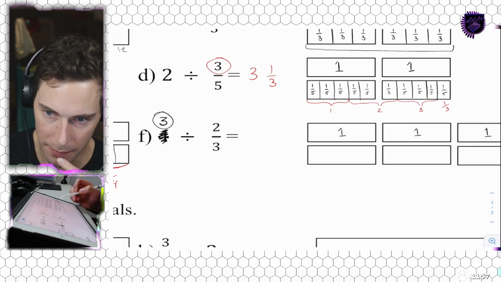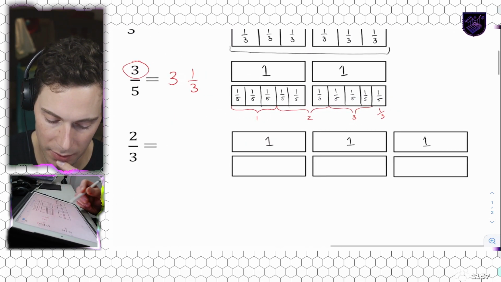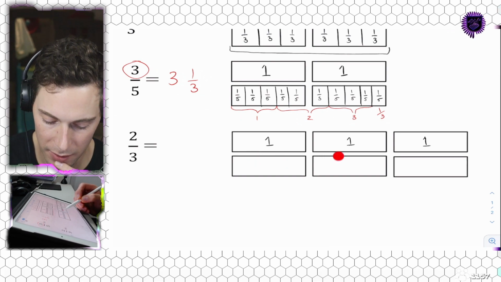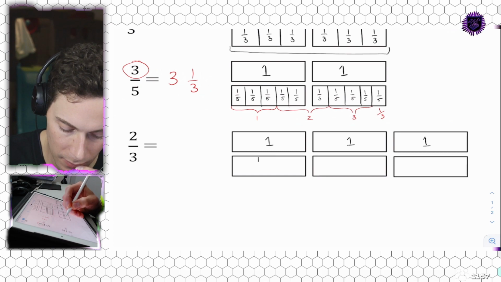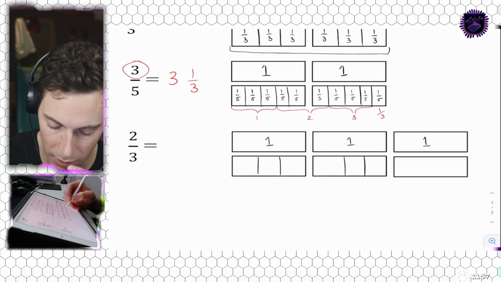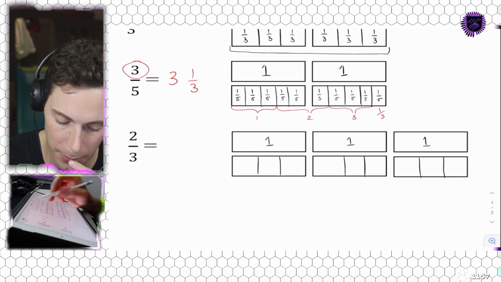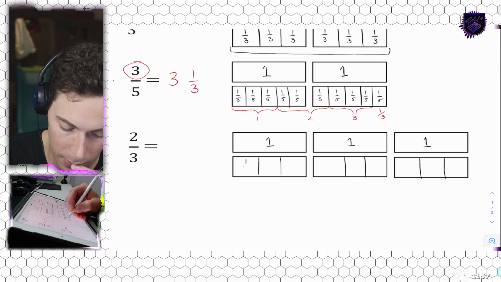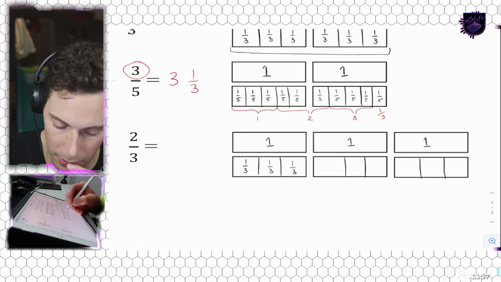1, 2, 3. Now I want to make groups of 2/3. So I'm going to divide each one of these into 2/3 to show what my wholes broken up into 2/3 would look like. And then I'm going to... 1/3, 1/3, 1/3.